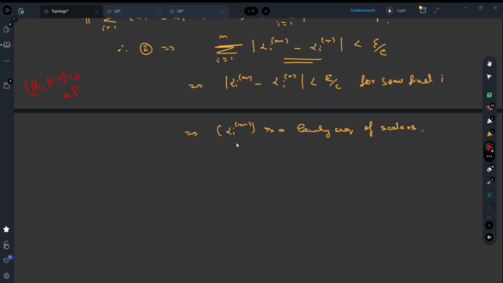Let me point out that R with respect to this norm is a Banach space, where the norm of x is simply the modulus of x. This is called the standard norm.